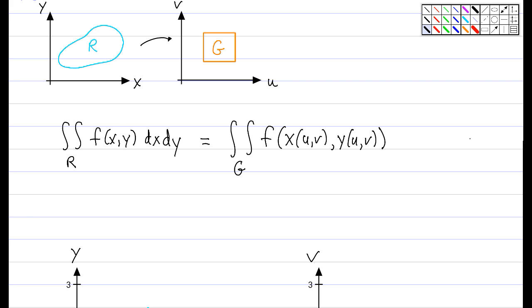I'm going to have du dv out here. The extra thing I'm going to have is what's called the Jacobian. And here I put the absolute value of the Jacobian.